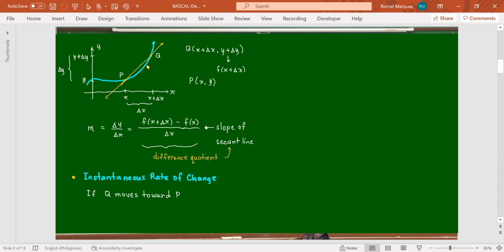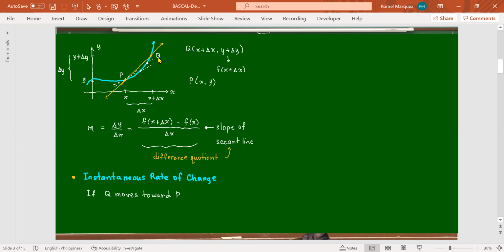Let's say I move here, the Q. So this is now the secant line. If I move here, this is now the secant line. I think it will be closer to the parallel of the x-axis.